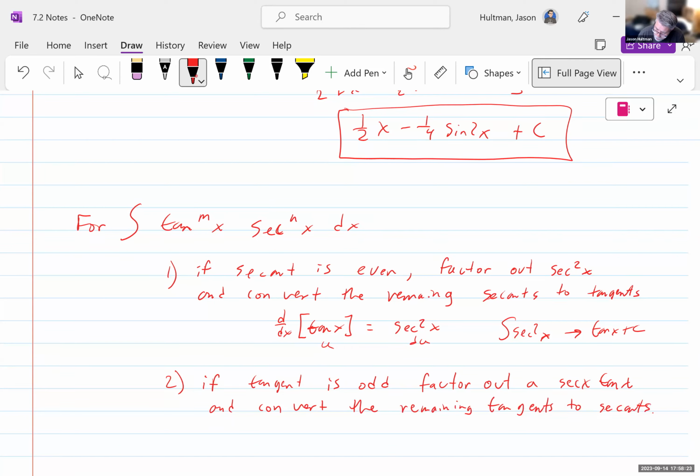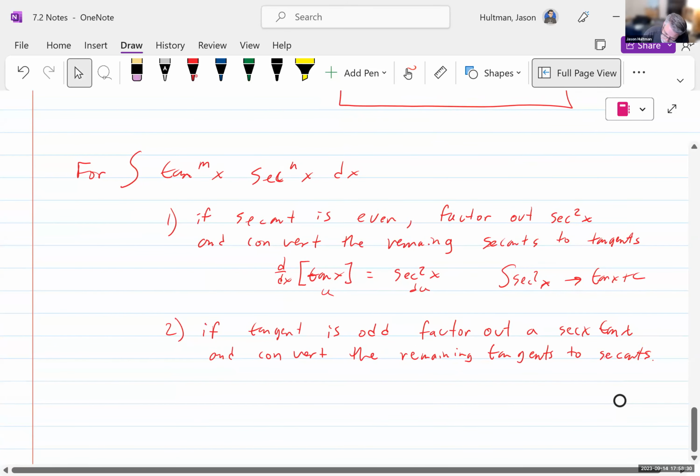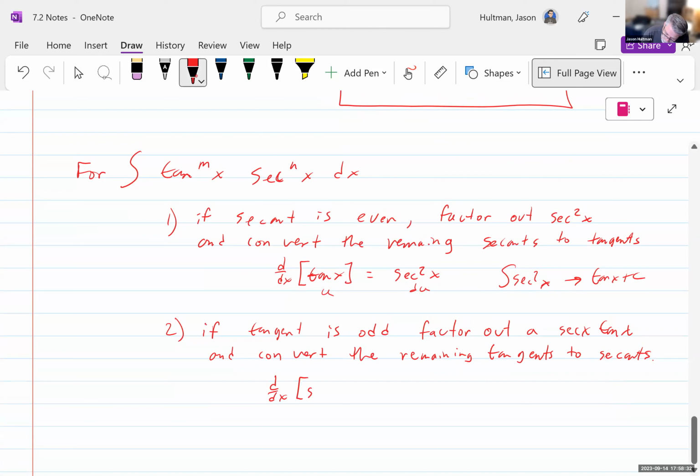Once again, why would we do this? Because what is the derivative of secant? Isn't that just secant x tangent x? So once again, we're setting up a u du. Now, how would we be able to convert secants to tangents and tangents to secants?